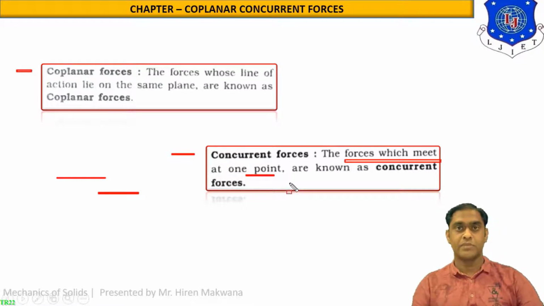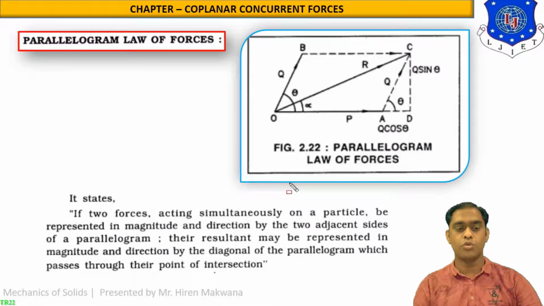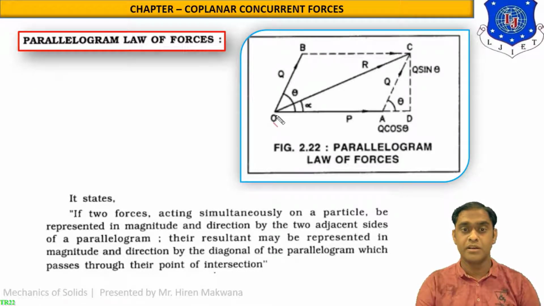Now let us see the main theory, the most important theory, the law of parallelogram of forces. First of all, you just understand the figure. Here it is point O. From O to A, the horizontal force P is applied. It is the parallelogram. Which is the parallelogram?